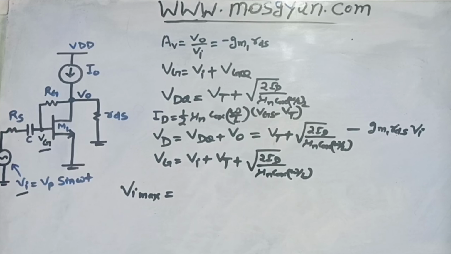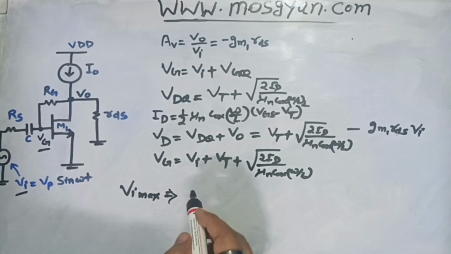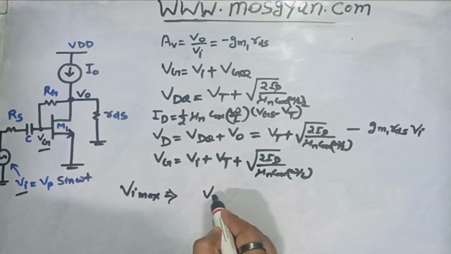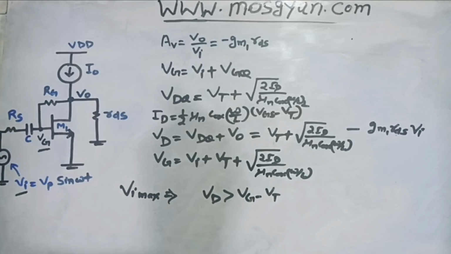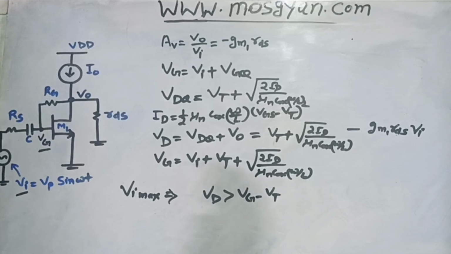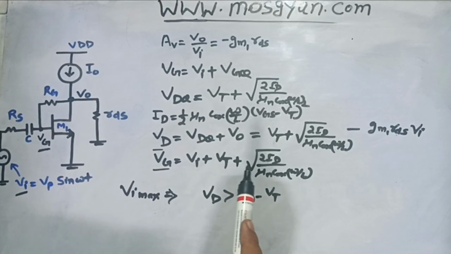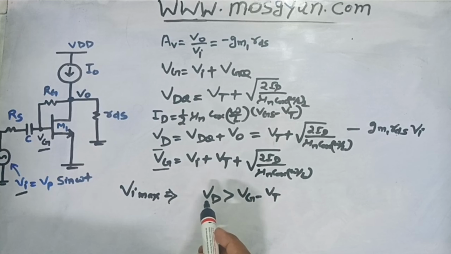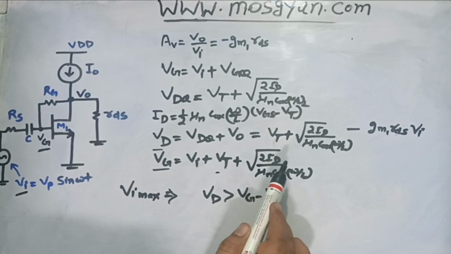So what is the condition for saturation? The condition for saturation is Vd should be greater than Vg minus Vt. And we know the values here. If I replace the Vd value from here and the Vg value from here, you will see Vt plus root of 2Id terms will get cancelled out.